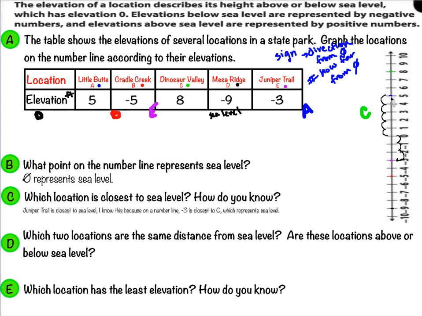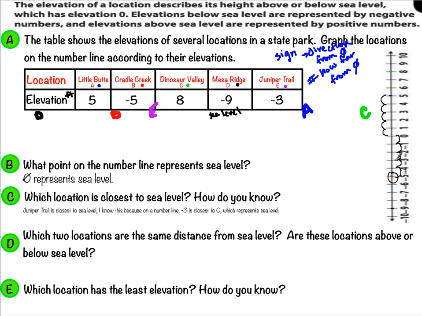Okay, so I know that 5 feet is my first elevation on the positive side, and since there's not multiple points here, there are not two places that are 5 feet from 0. However, since this is 5 spaces away from 0, I can actually look at the opposite end and look at the negative numbers and say, okay, well, 1, 2, 3, 4, 5. So Cradle Creek is actually 5 spaces away from 0 as well.